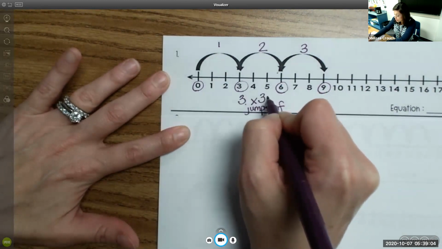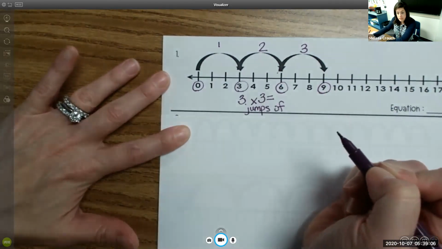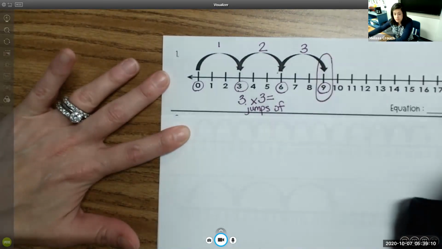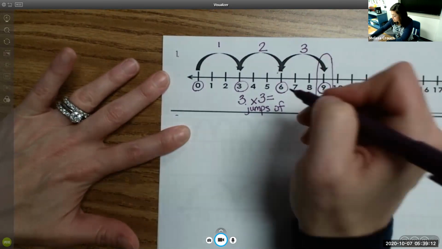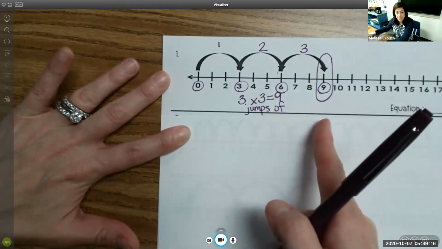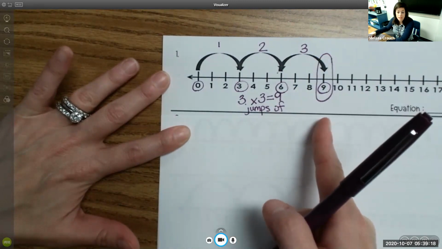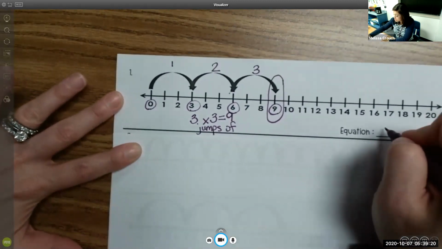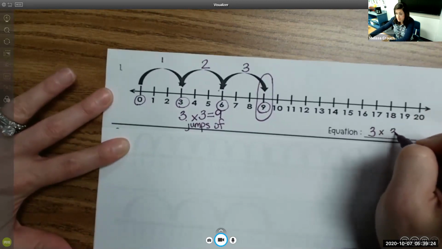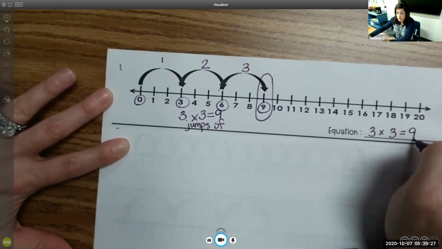So we made 3 jumps of 3, and the last arrow that we landed on was 9. So 3 jumps of 3 equals 9. So my equation is 3 times 3 equals 9.